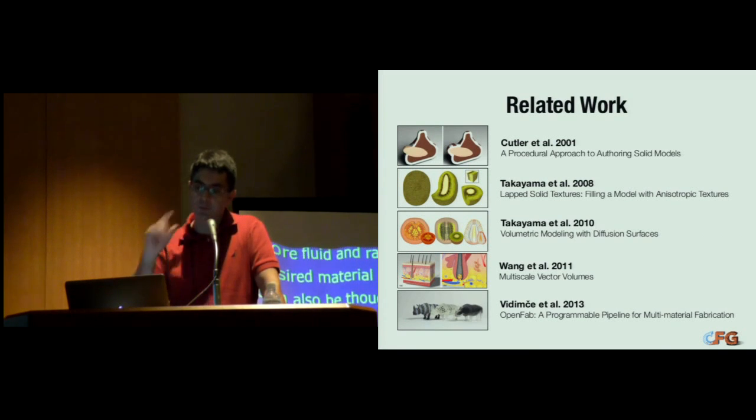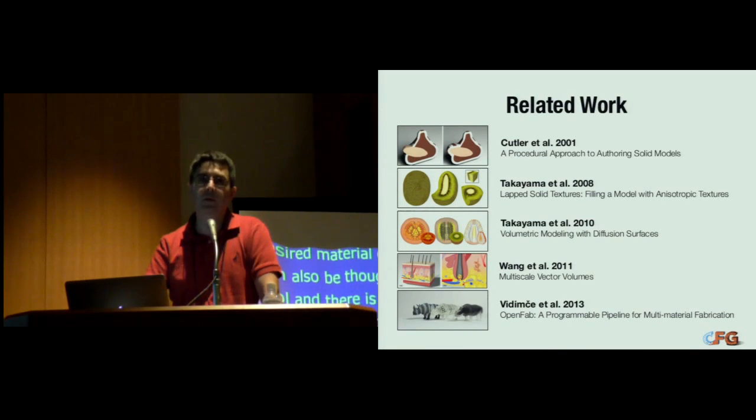Wang et al. in 2011 described a multi-scale vector volume approach that uses a binary tree of signed distance functions to describe complex internal structures. Foundry, in contrast, has a more general decomposition model and focuses specifically on fabricating physical structures and objects.